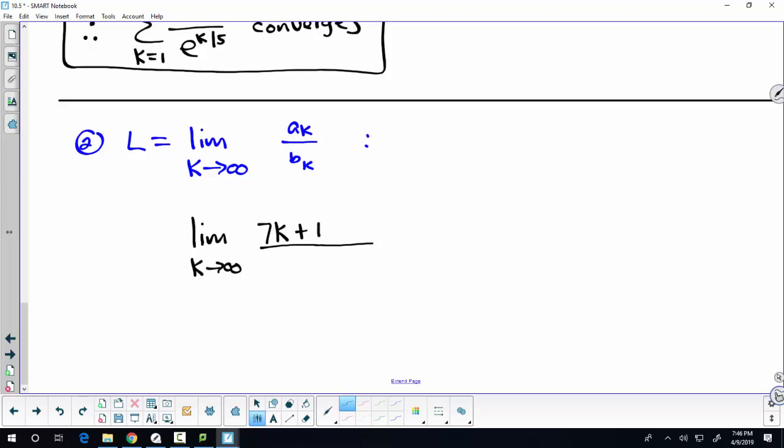So we had A was 7k plus 100 over e to the k over 5, minus 70, times the reciprocal of B, which we chose to be k over e to the k over 5. So here's the reciprocal of B. And so again, we're thinking about this in terms of leading term in the numerator, leading term in the denominator.